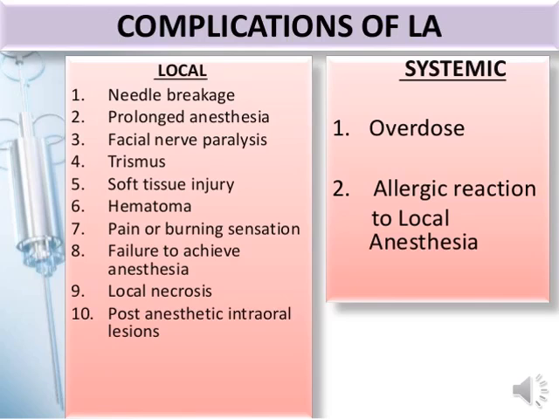And secondly, allergic reaction to local anesthesia can also occur. That may be manifested in the form of rashes, pruritus, and even anaphylactic shock. So these were the complications of local anesthetics, and care should be taken while administering the local anesthetics locally as well as systemically.